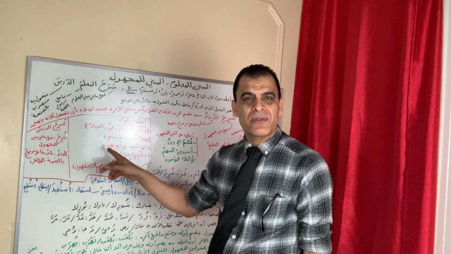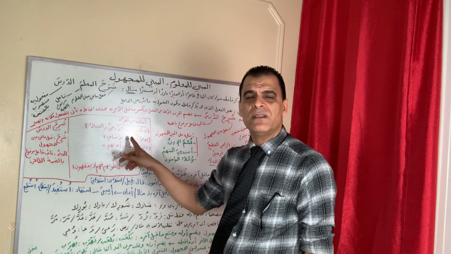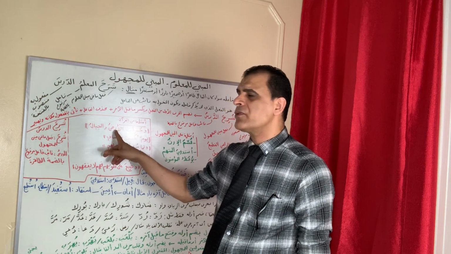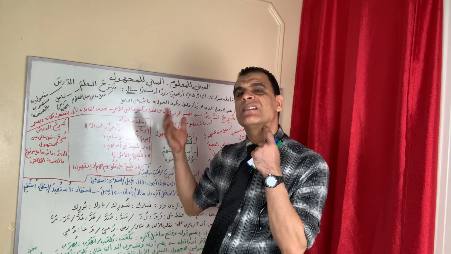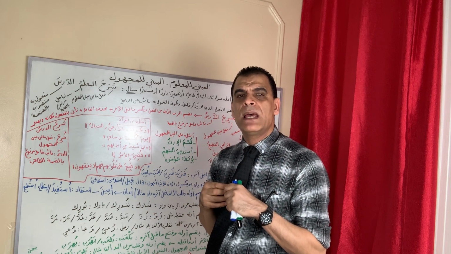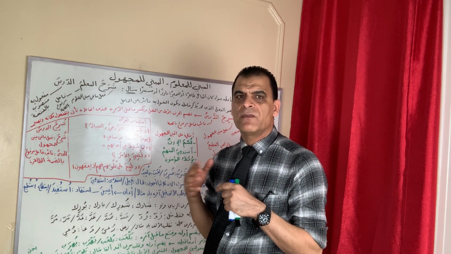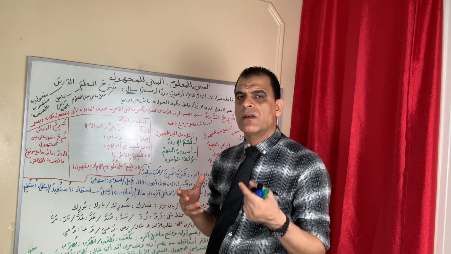We have examples from the Quran using المبني للمعلوم and المبني للمجهول. For example, وحملت الأرض والجبال. So حملت, in the active, is حمل. For example, if we talk outside of the Quran, حمل الملائكة الأرض والجبال.